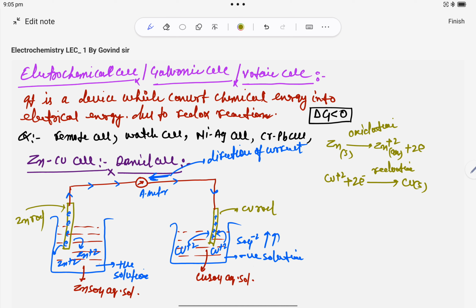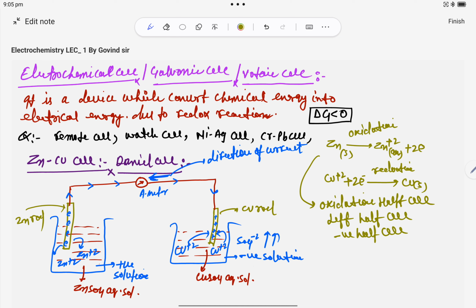In that case, this zinc reaction is called the oxidation half cell, or you can say the left half cell, or you can say the negative half cell.